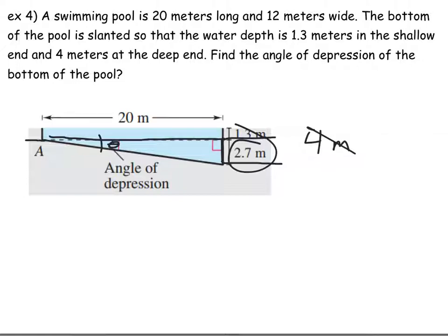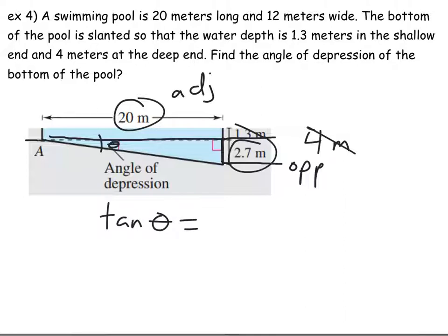All right, so I'm looking at it from theta, and as I pointed out, here are the two really important sides, 2.7 and 20, which makes me think tangent. Now here we're going to do the inverse.